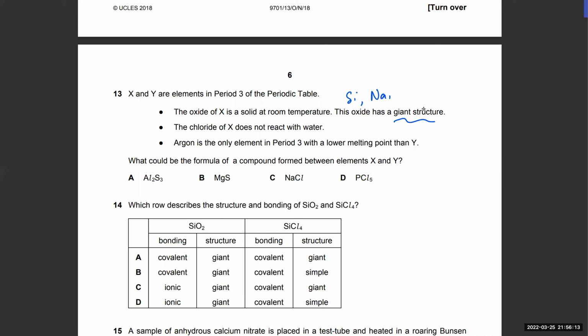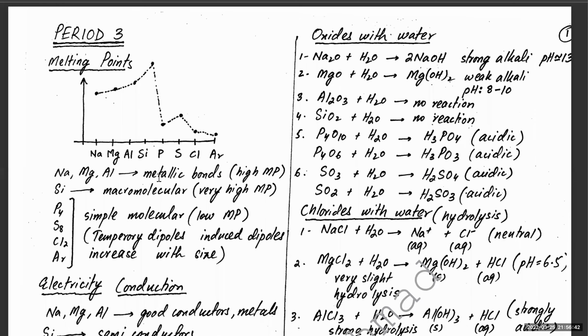sodium is also possible, magnesium is also possible, aluminium is also possible. क्योंकि उनके जो ऑक्साइड है ना वो giant ionic होते हैं. इन तीनों के जो oxide है, they're giant ionic. Si is giant covalent. तो ये बताया ही नहीं है कि is it covalent or ionic, and they're all solids. ठीक है. बाकी नहीं हो सकता है. इसके अलावा जो बाकी oxides हैं, that's not possible. क्योंकि phosphorus oxide is a simple molecule, sulfur oxide is a simple molecule.